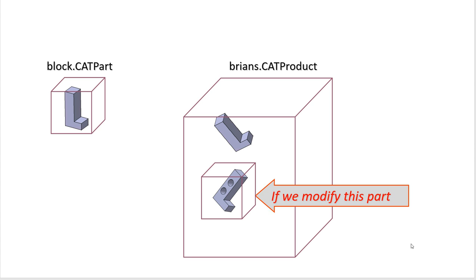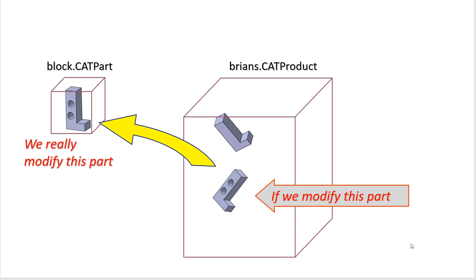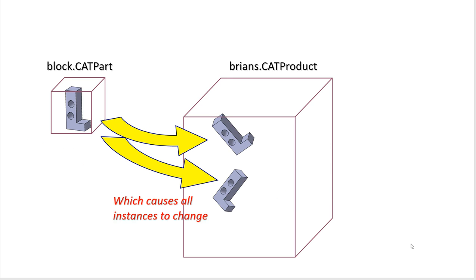So it kind of takes this part workbench and pulls it into the assembly, and we modify it there. But remember, we're really modifying the cat part file. We weren't modifying the cat product file. So when we modify the cat part file, all instances of that cat part have to be modified as well.